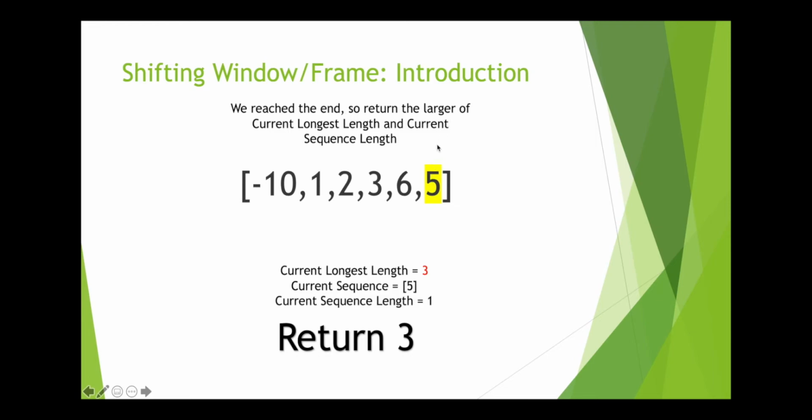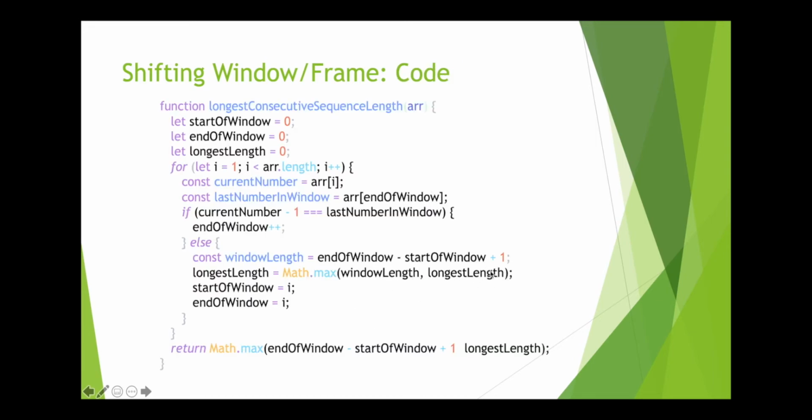Start of window and end of window will both be 5, and 5 minus 5 gives us 0, where our actual length is 1. So we're adding 1 to account for that. So our current window length will be end of window minus start of window plus 1 to account for that first item. And then we're going to reset the longest length variable and make it the maximum value between our current window length and our longest length.